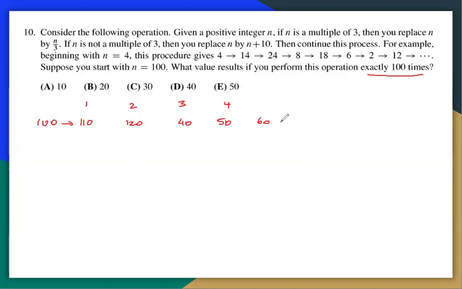Now 60 is a multiple of 3, so we divide by 3 and get 20, then we add 10 and get 30. Now we divide by 3, and then we add 10, and then we add another 10, so we divide by 3 again. So that should be 10.